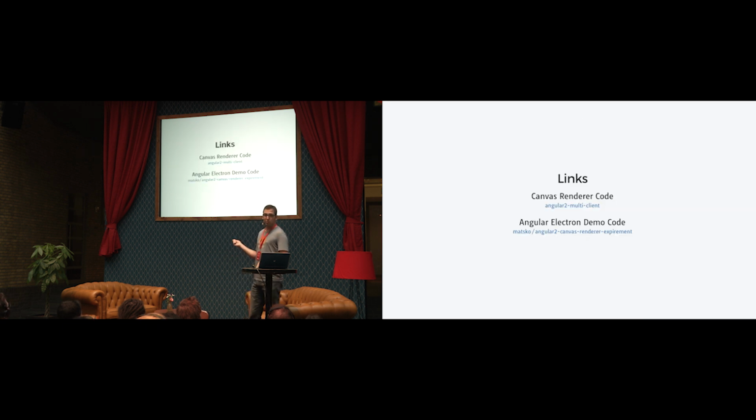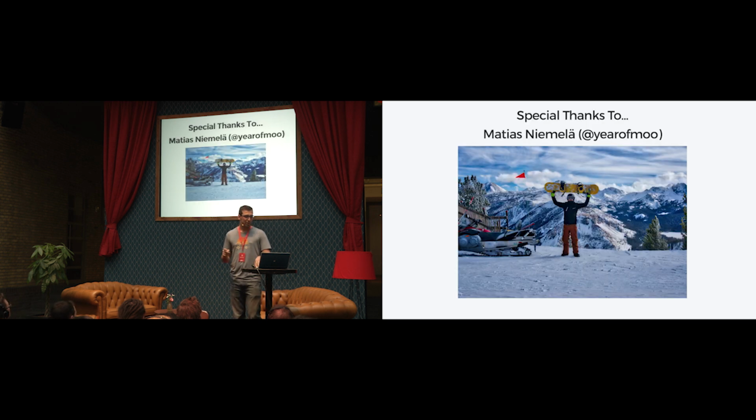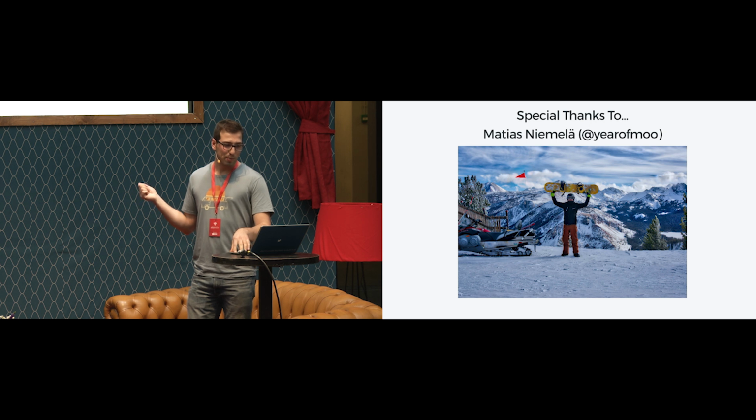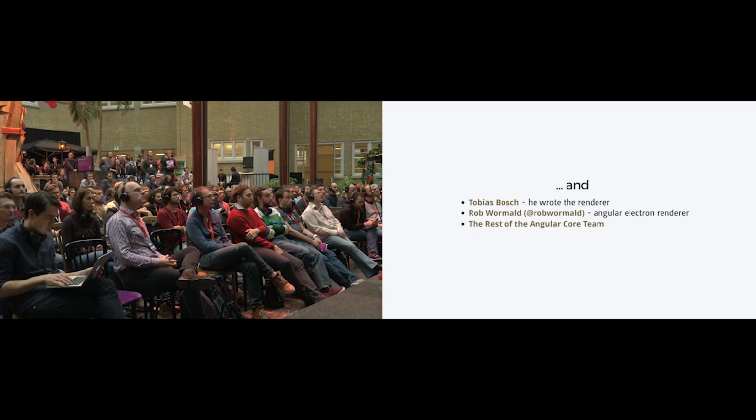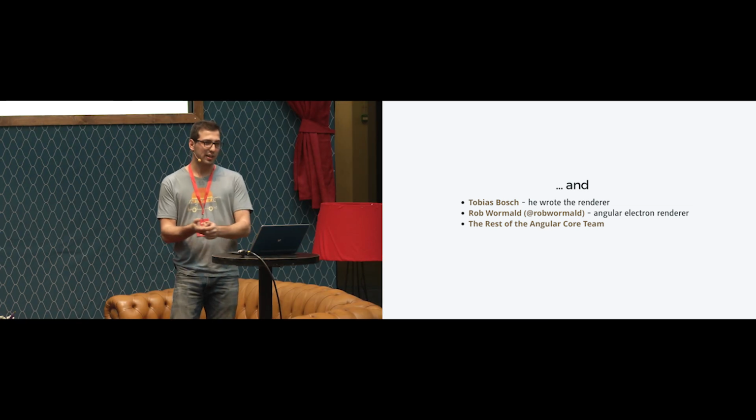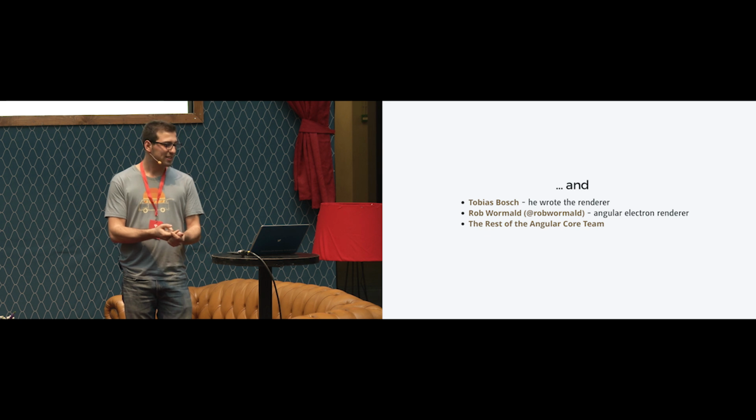Again, if you want to play a little bit with the canvas render, there is the GitHub repo and also the client implementation. Of course, special thanks to Matthias, who did most of the canvas implementation, and also special thanks to Rob, who helped us with the Electron plugin. And Tobias, of course, who wrote the render class, and the rest of the core team.